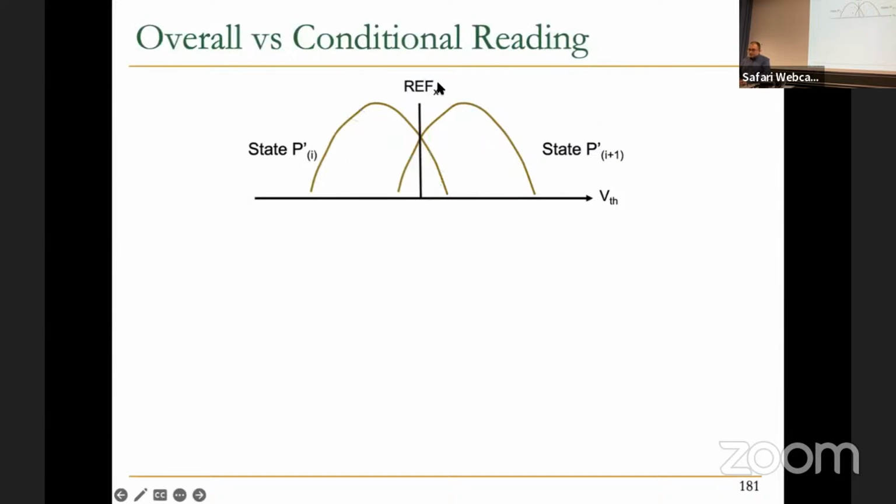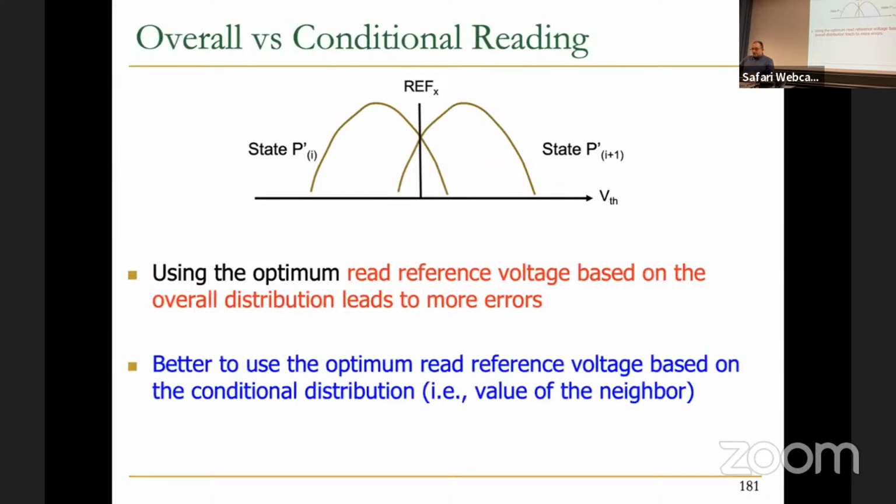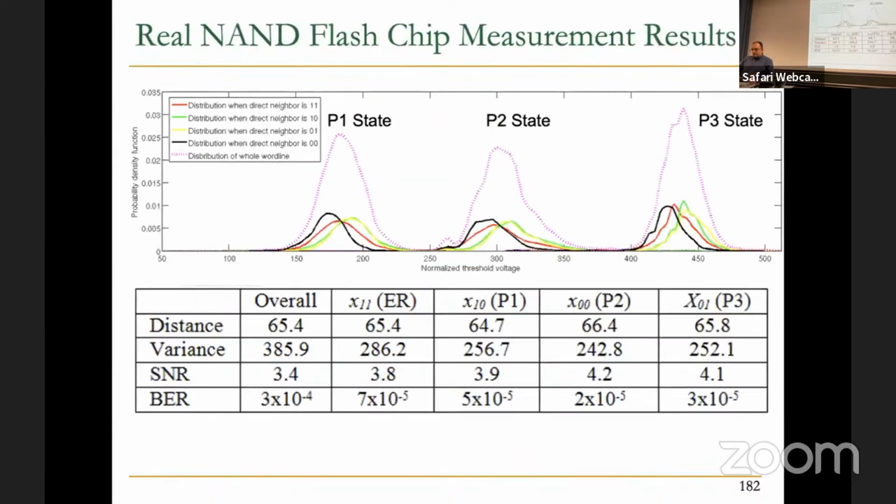Look here, when you read, even with this optimal reference voltage, you're going to have some errors. And you should hope for ECC correction capability to fix these errors. But using this conditional reading, you can hopefully get rid of all the errors. And that's really good, but at the price of much more costly reading.